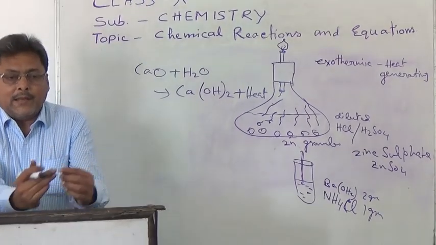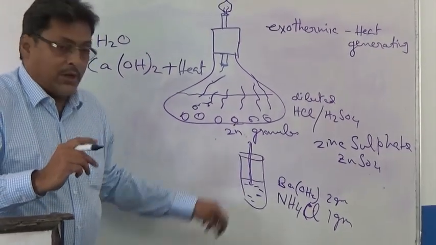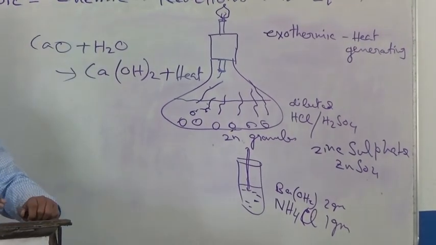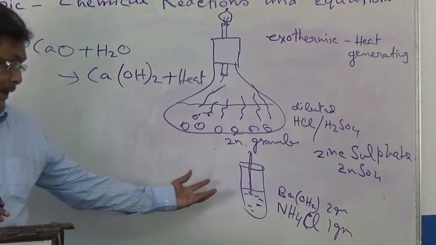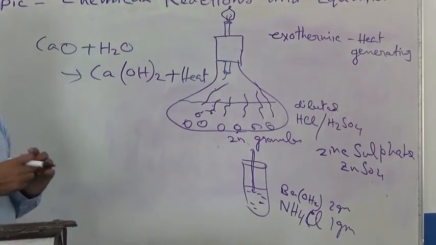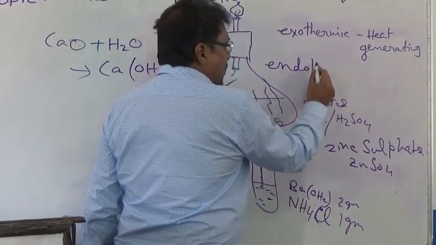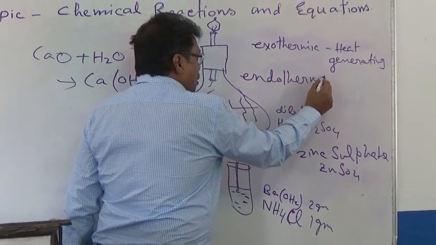We have already seen it in the experiment part. But if we stir this solution with a glass rod, you will feel that the test tube has become colder. Such reactions are called endothermic. Endothermic.